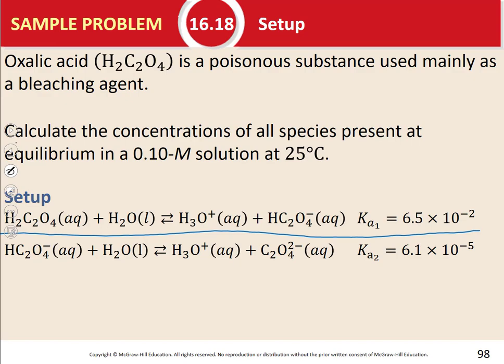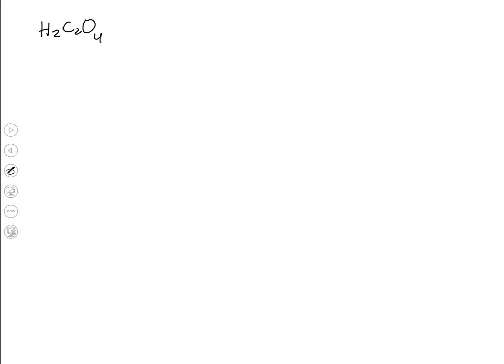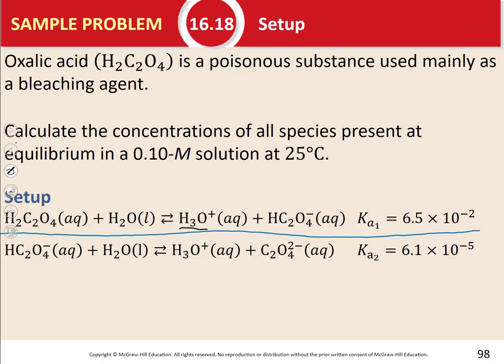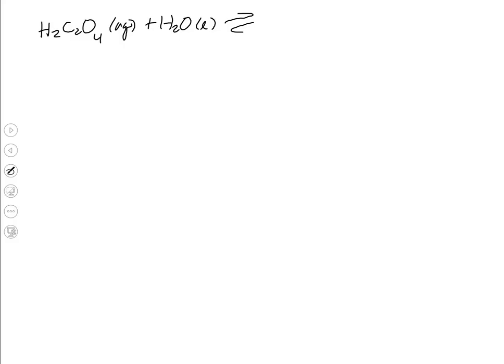So we have oxalic acid, H2C2O4, and on the product side, we have the hydronium ion and then hydrogen oxalate, HC2O4 negative.